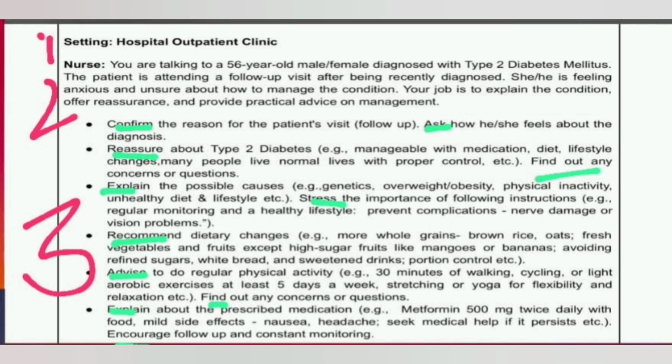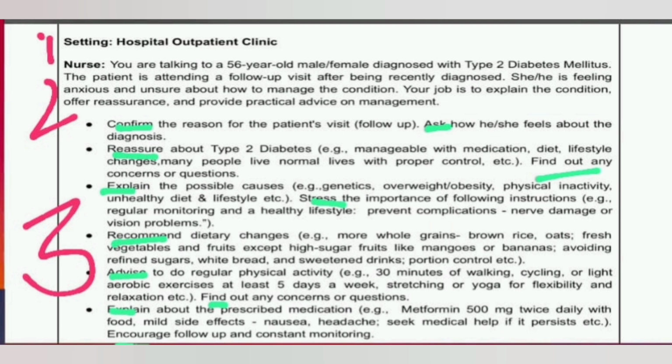Firstly, it is very important for you to regularly monitor your sugar chart and also your lifestyle, as once you have managed your healthy lifestyle, it will prevent the long term consequences like nerve damage and vision problem.